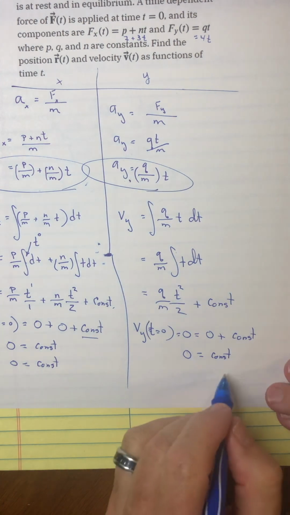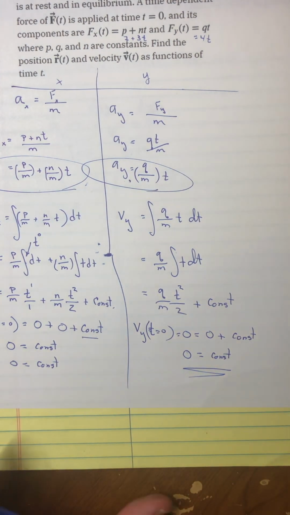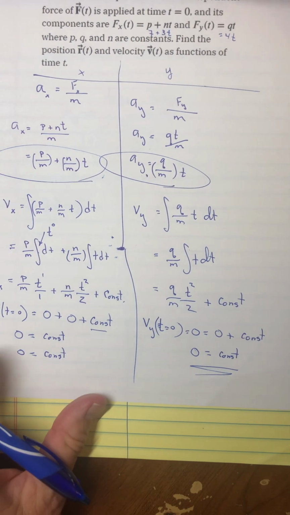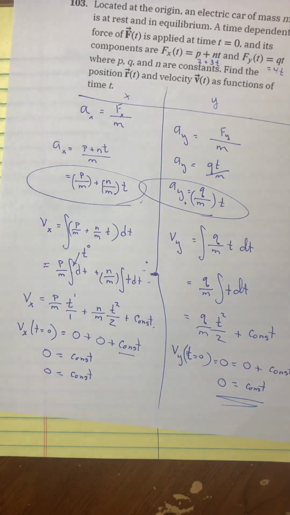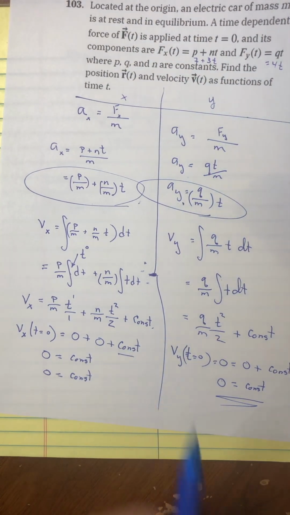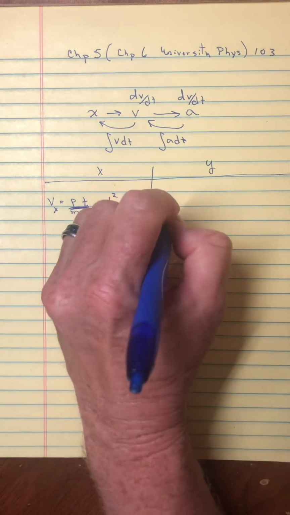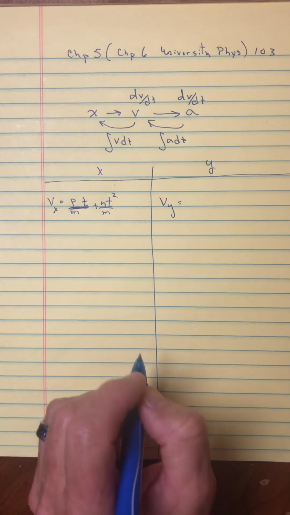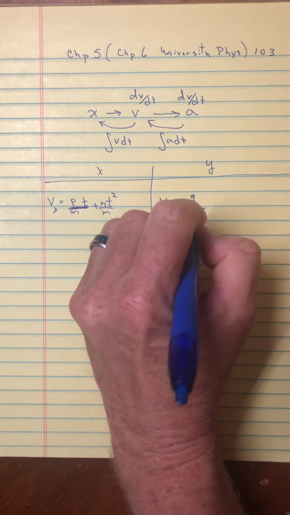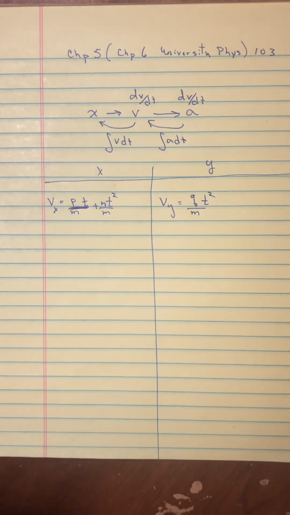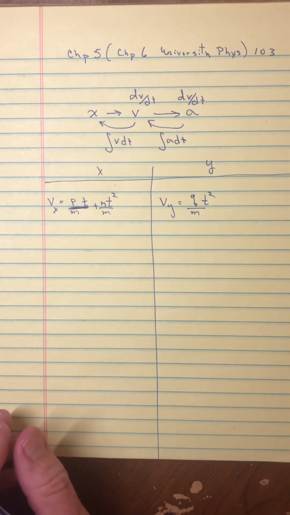And again, for the same reason, that's probably not a good way for a teacher to set up a problem, because if somebody forgets the constant, they actually get it right. But that means that I can put over here that the velocity in the y direction is q over m t squared.